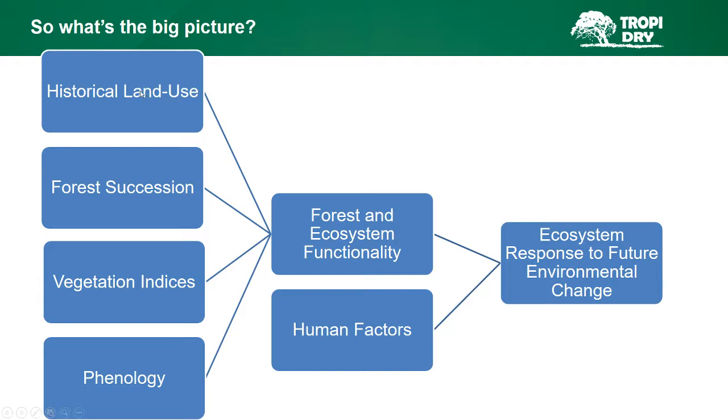So all of these really get used and put into the forest and ecosystem functionality bin, and they're just all descriptors of what we know about the forest, what we know about the ecosystem, how is it doing, is it healthy, is it not healthy. And then we combine that with the human factors: what are humans doing to forests? How are forests going to impact humans in the future? Are they going to be able to stabilize regions, like being able to become water aquifers or become resources of another kind?